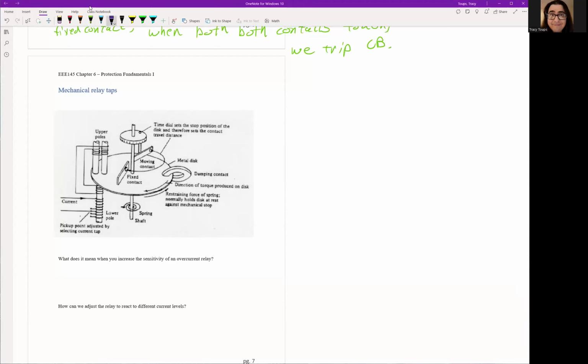Sometimes you'll hear people ask how you increase the sensitivity of the overcurrent relay. So what does an increase in sensitivity mean? Basically, less current is needed to make the disc spin.